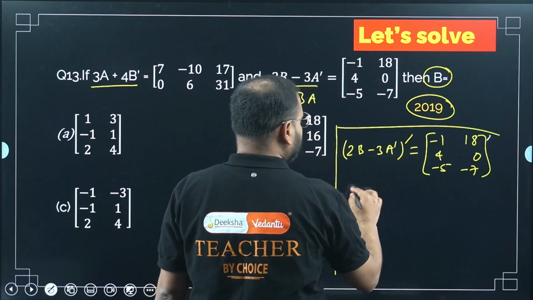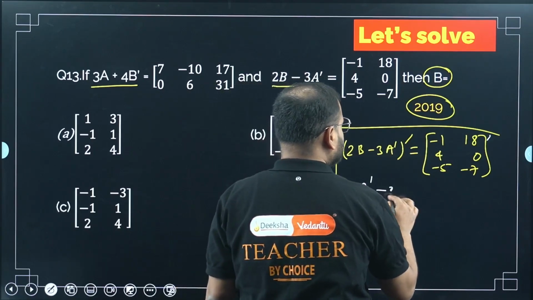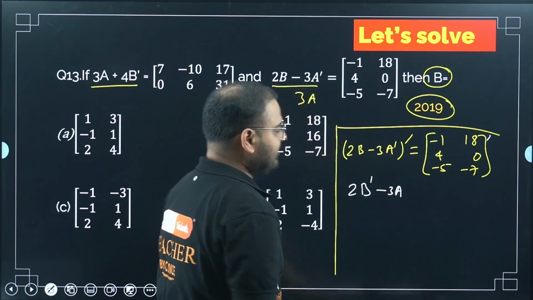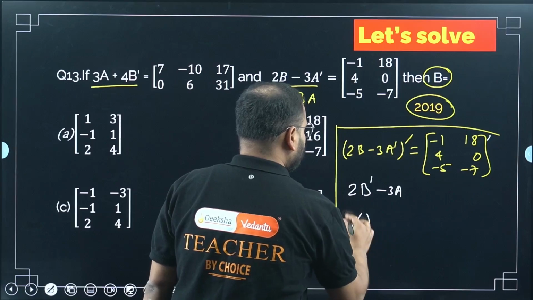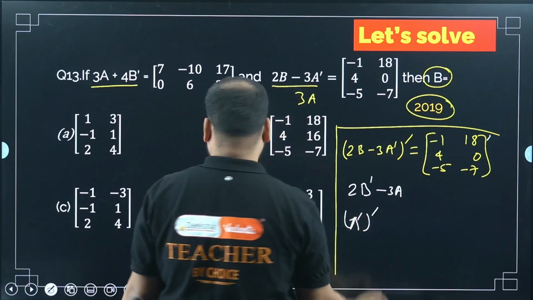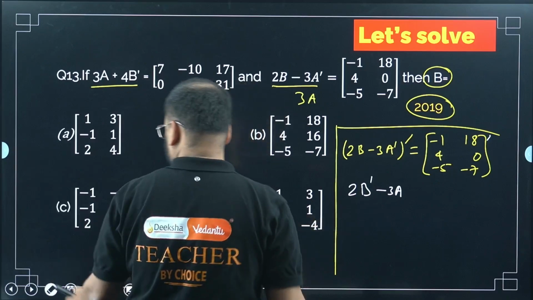This will become 2b transpose minus 3a, right? Transpose of transpose is the matrix itself, so a transpose transpose is simply a. Correct, sir. You agree.